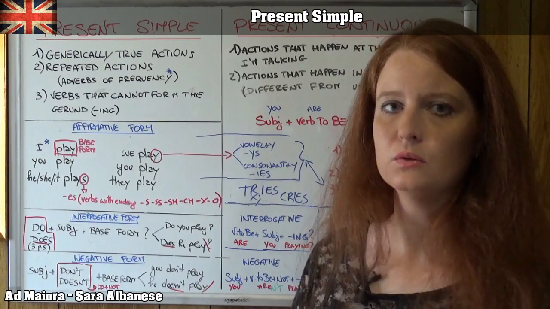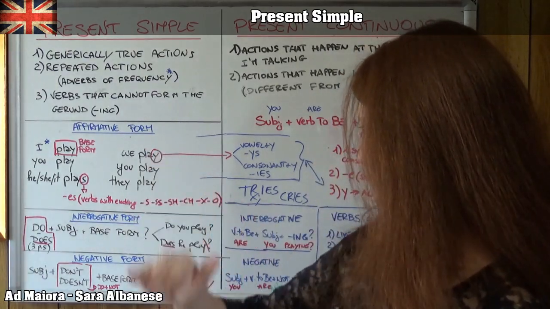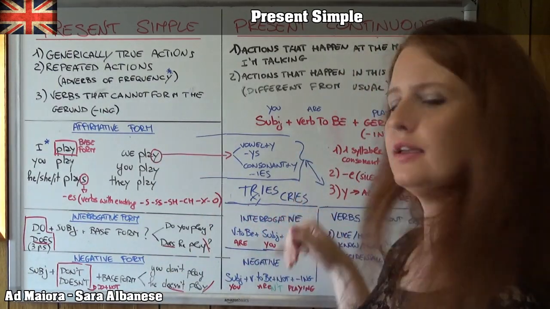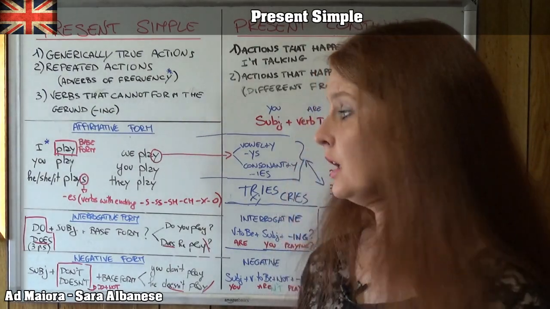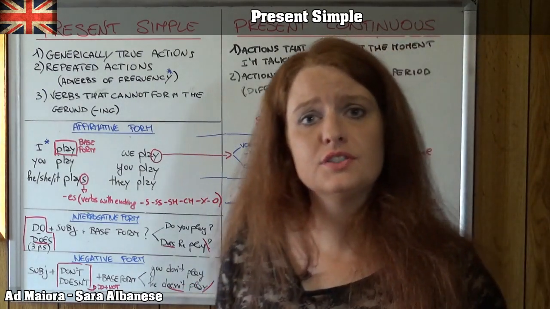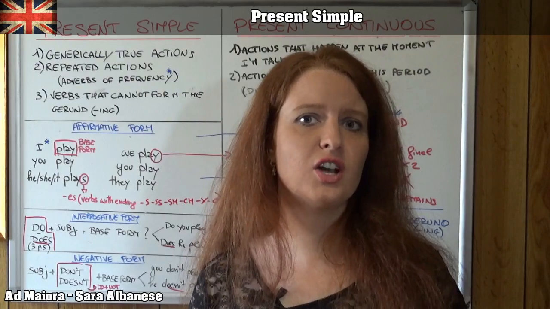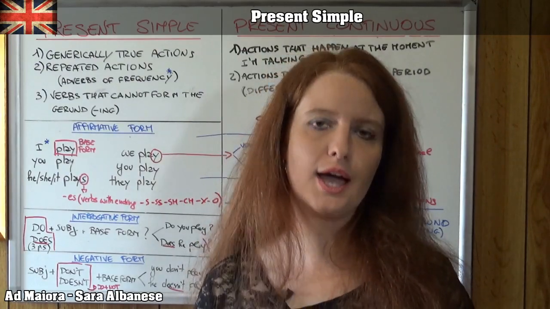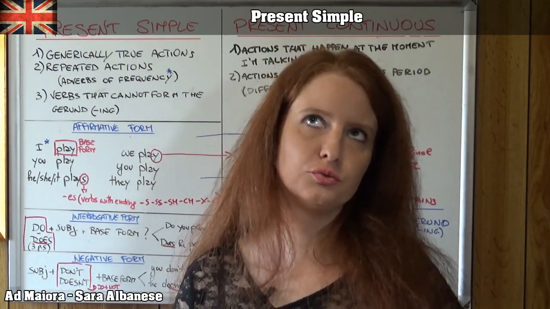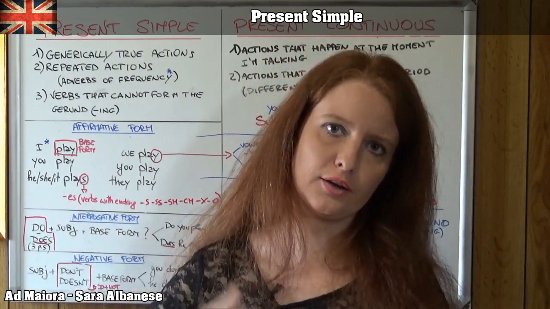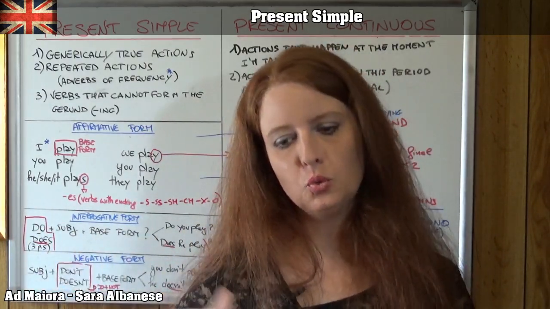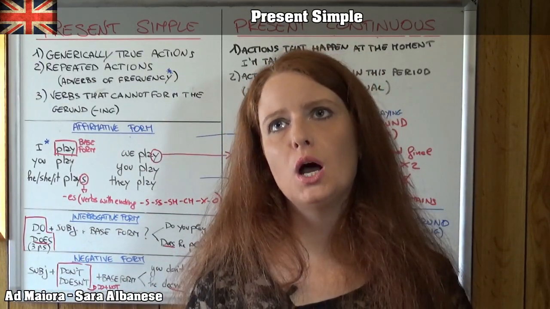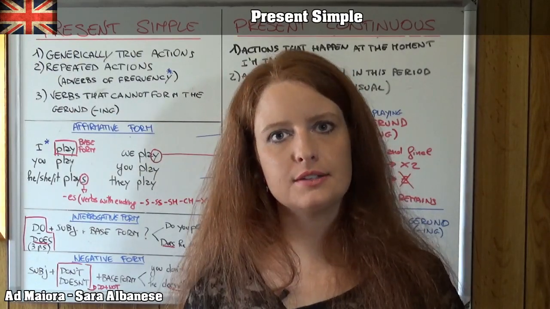In this way, Y is eliminated and then I put I-E-S. Why do I have to do it this way? Well, it's not very important for you to know actually, but it could be useful to find a way to remember when you have to keep the Y or not. So it's just about phonetics.